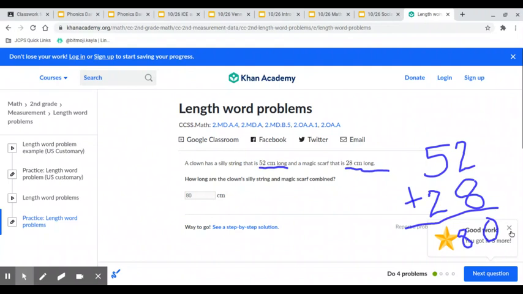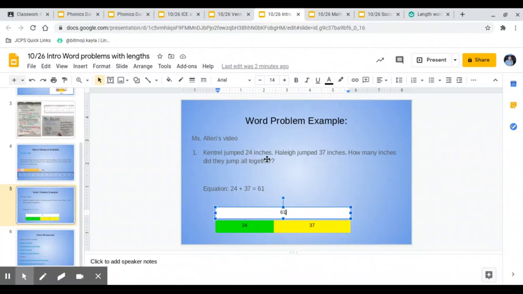So when you solve your word problems, you have to figure out the important numbers first, see what you need to add together, and then add it together. But notice how when we add these, this is length. We're using lengths. So we're not just saying Kentrell jumped 24 times, we're saying he jumped 24 inches.